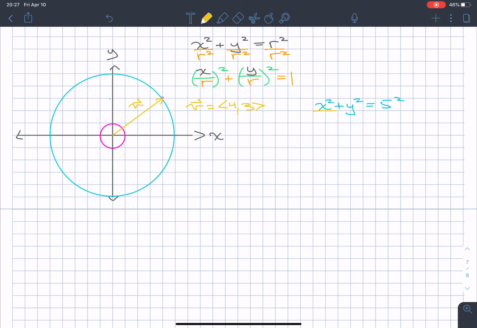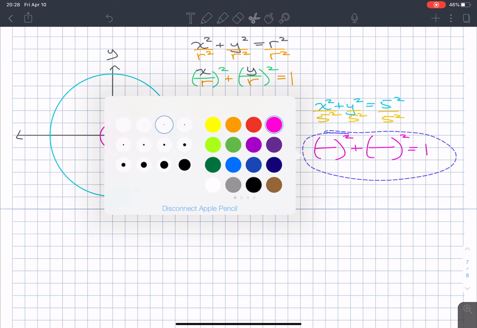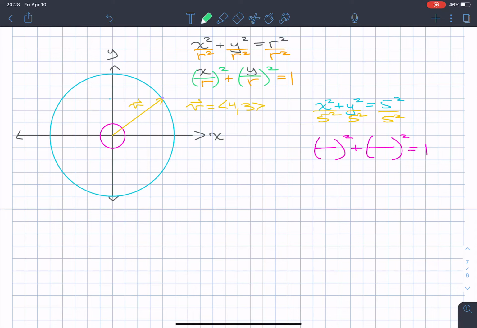But now if I divide everything by 5 squared, what I get then is x over 5 squared plus y over 5 squared is equal to 1. Actually, let me change this color to hot pink so that you'll see where I'm going with this. X and y each over 5 is equal to 1.